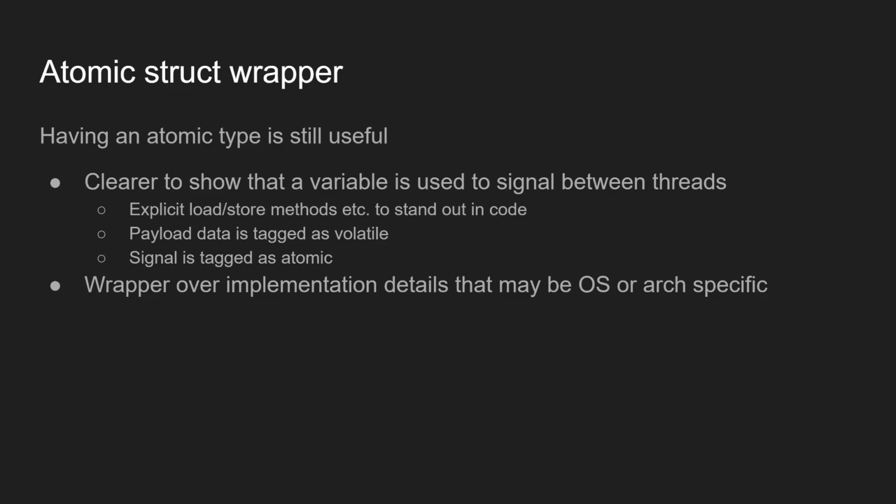And that payload data I would more likely call volatile, to indicate that it's there, it needs to be read and written from, but that's not the key mechanism for signaling. As I mentioned earlier, I also like the idea of explicit load and store methods like that, as opposed to operator overloading, because that again makes the signals stand out in the code more easily.